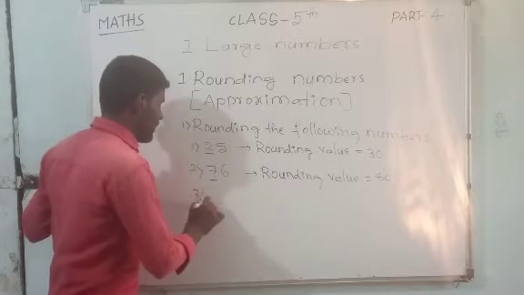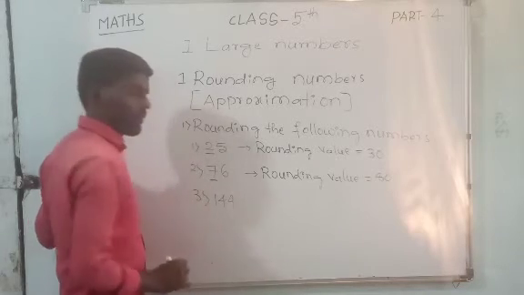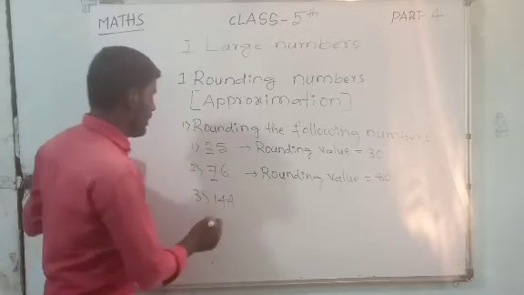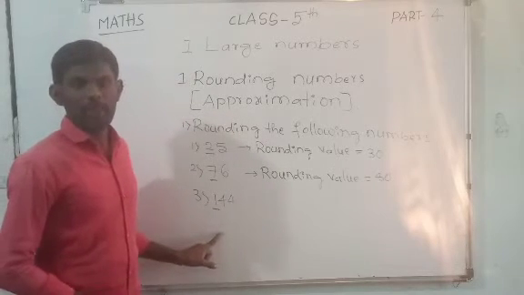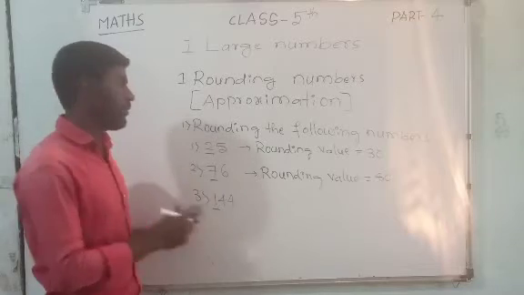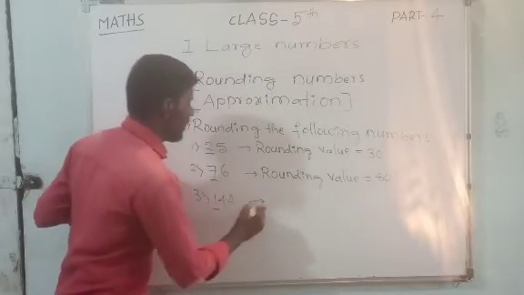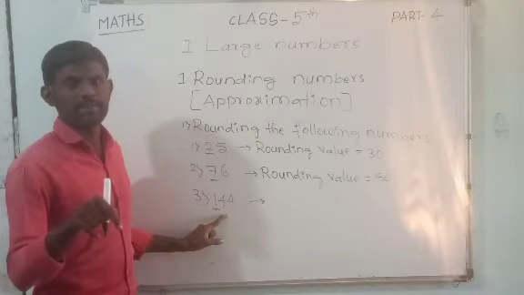Example 3. Suppose 144. If they underline the 100 place value, carefully observe the number present in the 10th place.